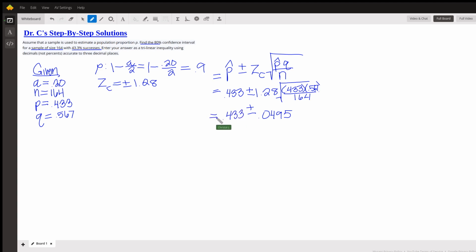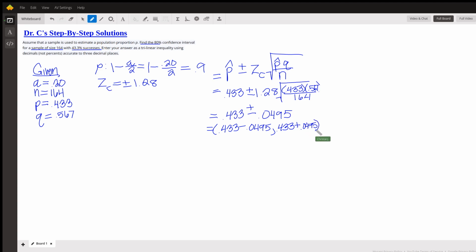So our confidence interval: the lower bound would be 0.433 minus 0.0495, and the upper bound would be 0.433 plus 0.0495.